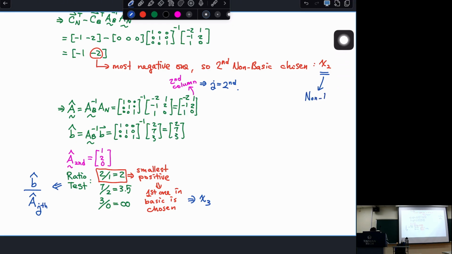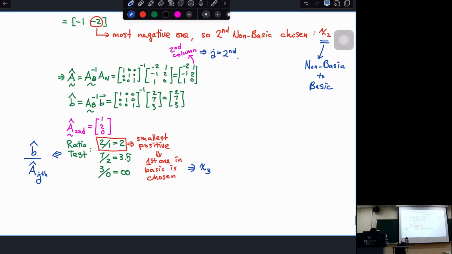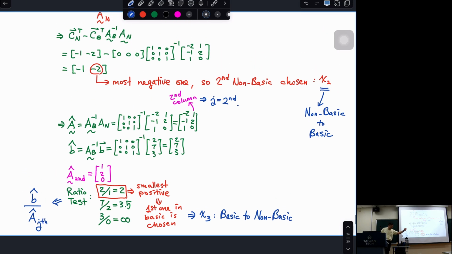And for the ratio test, X3 is chosen, and it will be converted from basic to non-basic. So whatever you're doing on this page is picking one basic and one non-basic, and swapping their roles for the next iteration. You keep doing this until you cannot find any basic to be swapped, then it has converged.